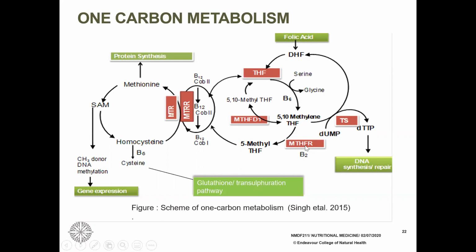Please stay here only. MTHFR is important because from this pathway only I am making thymine DNA that goes on to participate in making my DNA. And here also I make my DNA repair enzymes.